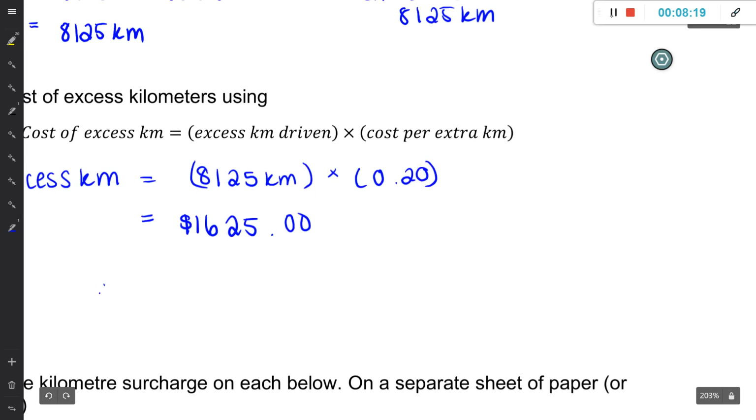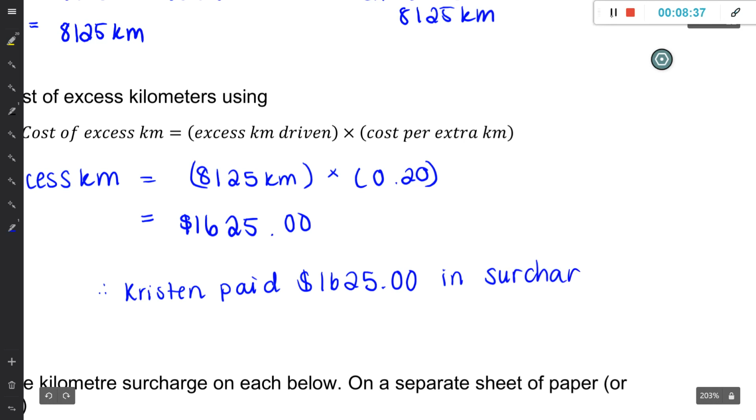So therefore, that's how much extra she paid. Therefore, Kristen paid $1625 in surcharge because of her extra kilometers driven.